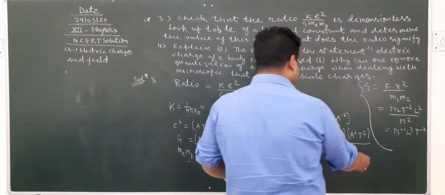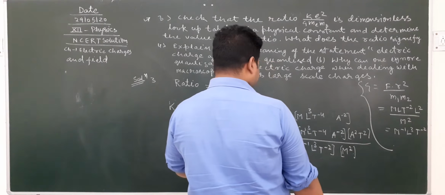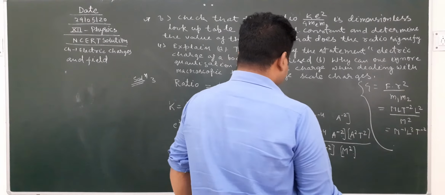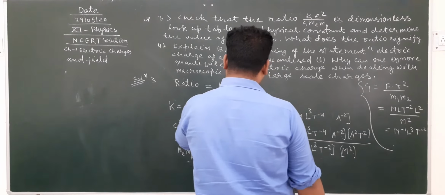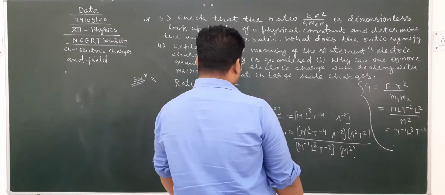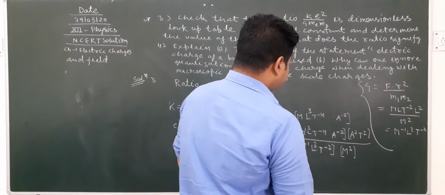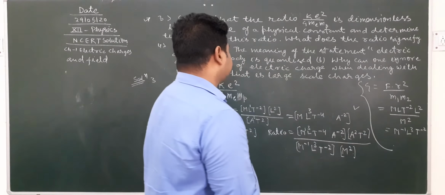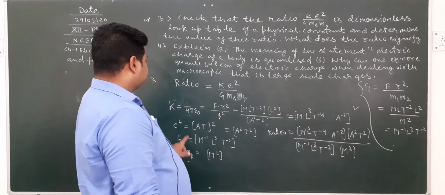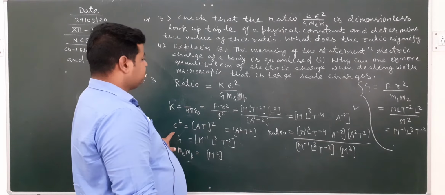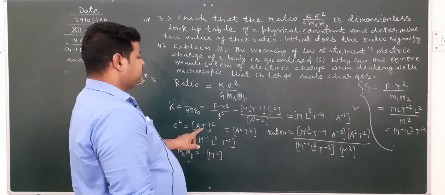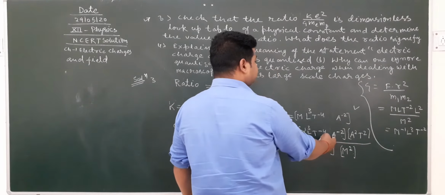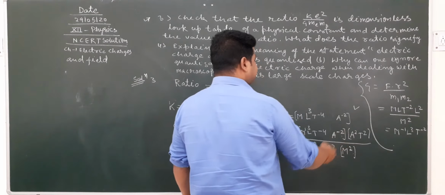And here we write the dimensional formula of k e square. The dimensional formula of k we already calculated, M L3 T minus 4 A raised to power minus 2, and the dimensional formula of e square is A raised to power 2. So A raised to power 2 and A raised to power minus 2 cancel each other.